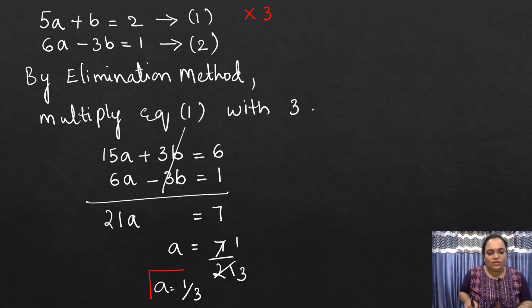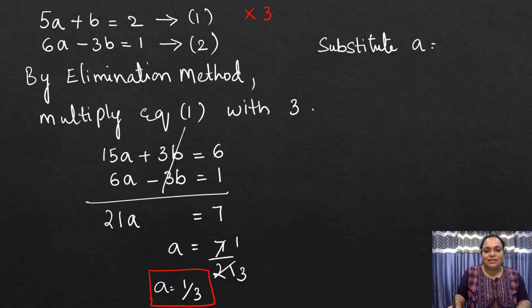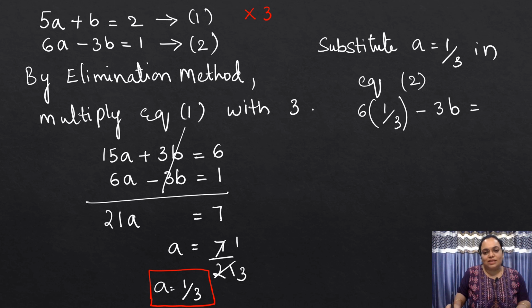So what is the value of a? Value of a is 1 by 3. Now when we got the value of a, we will find the value of b. Substitute a is equals to 1 by 3 in equation 2, which is 6 of 1 by 3 minus 3b is equals to 1. 3 ones are 3, 3 twos are 6, correct.